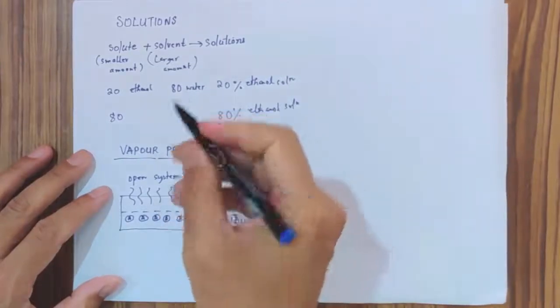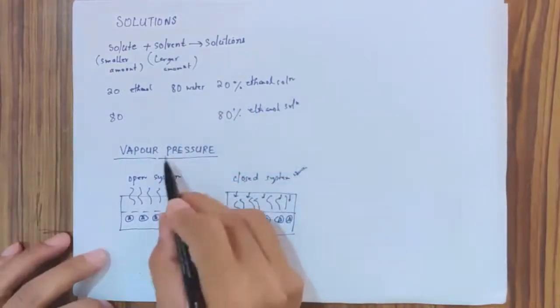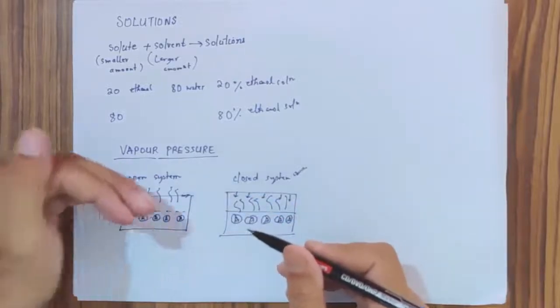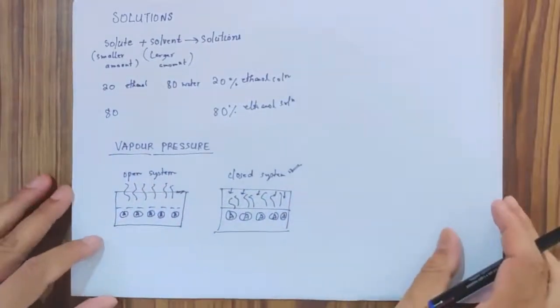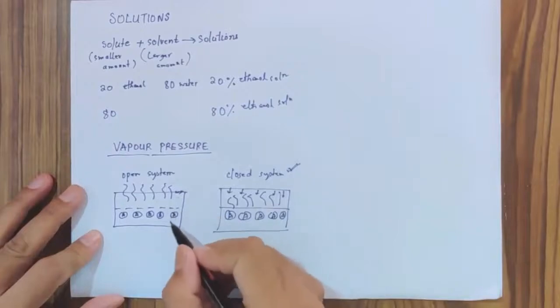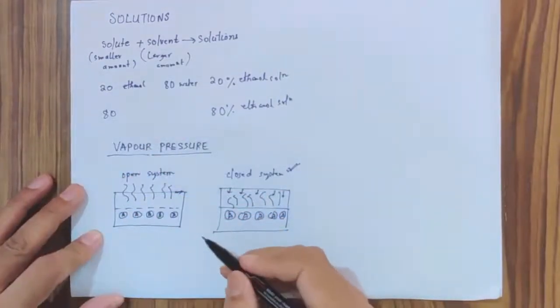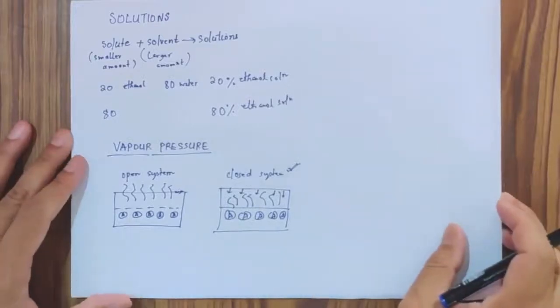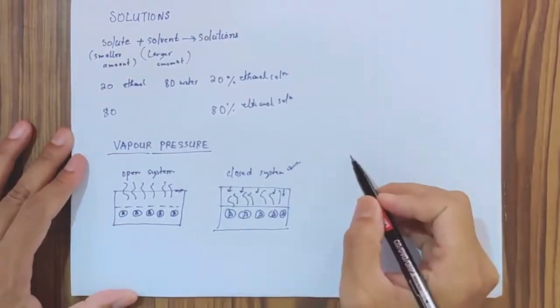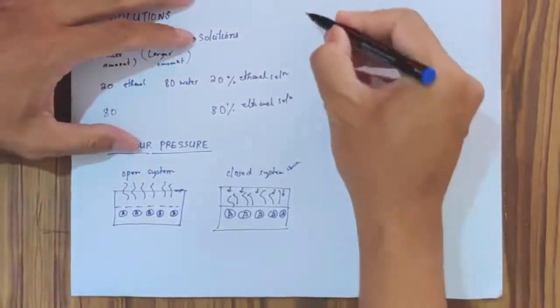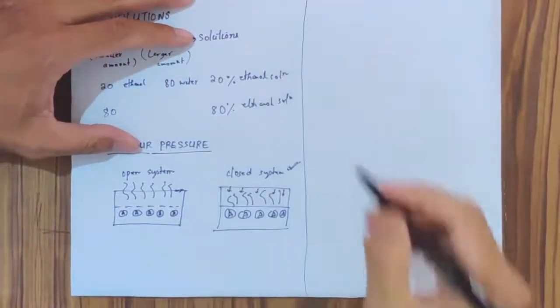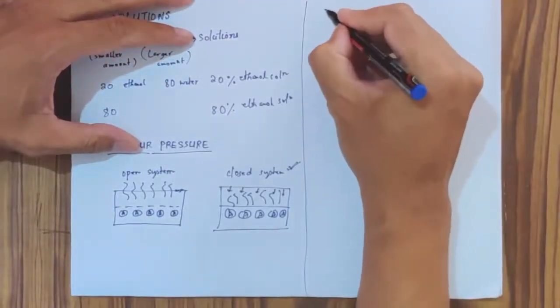In an open system, vapor pressure does not develop.